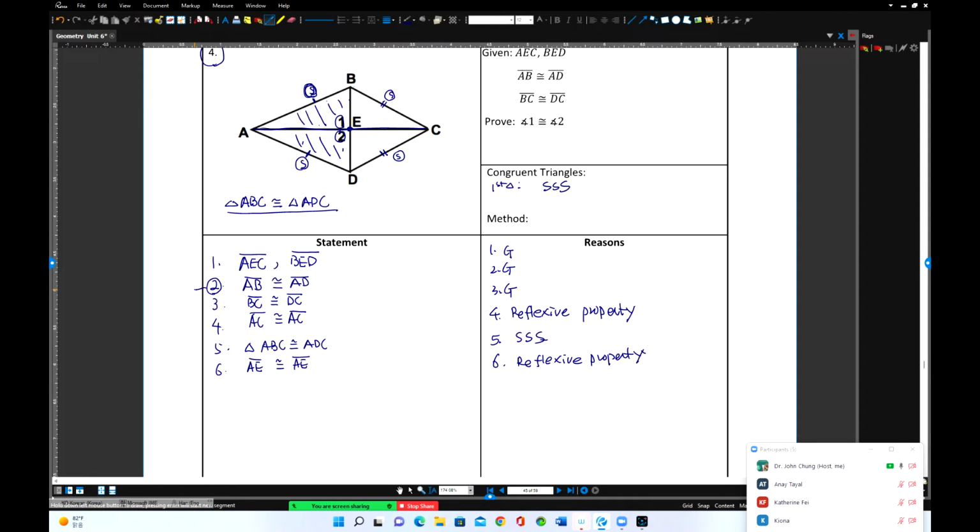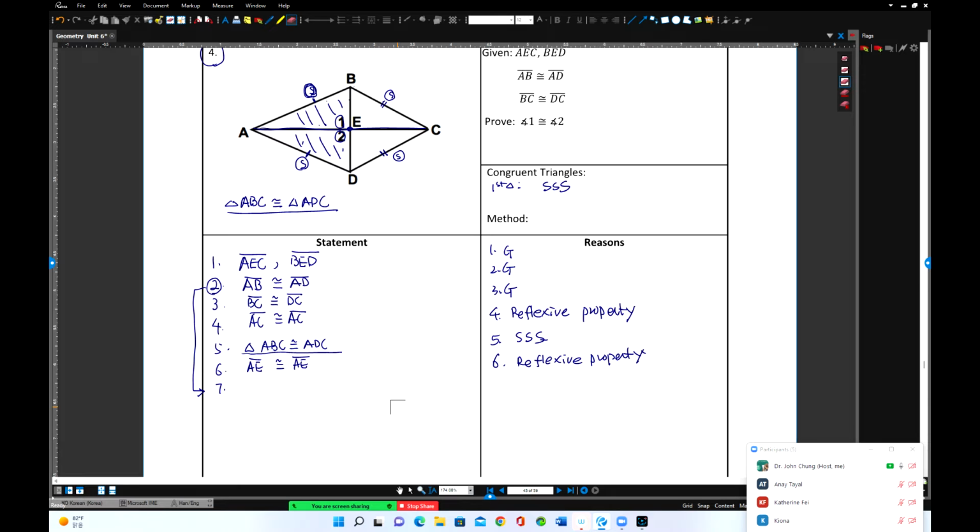Sometimes we can write it twice, because this belongs to a triangle. If you want, you can write number 7 as AB congruent to AD, which you already used to prove triangle ABC congruent to ADC, but you don't have to. You can still use number 2 in there. Anyway, AB and AD are congruent.